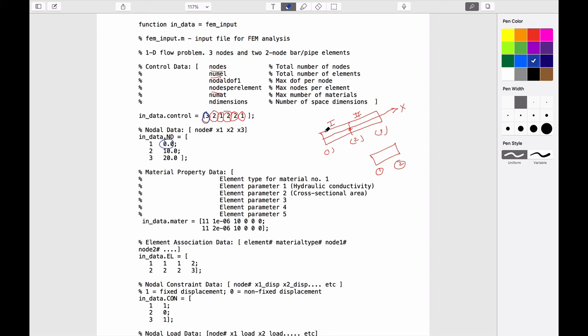You remember the length of the element was 10. So node number 2 is 10. Node number 3 is 20. Okay. So we've got some global data. We've got some node information. We have nodes, but we don't know how they're linked with elements.